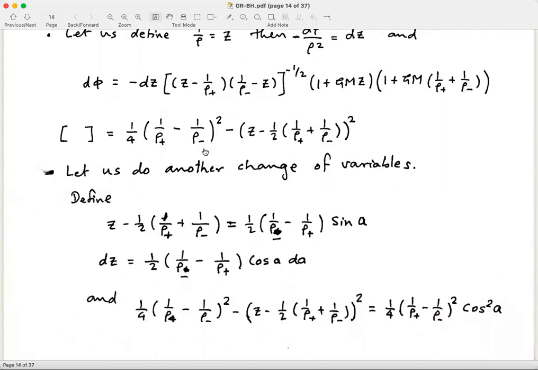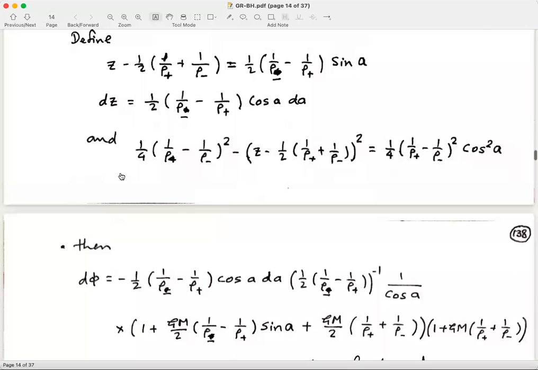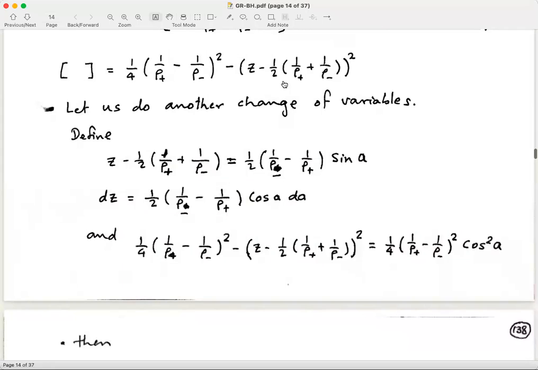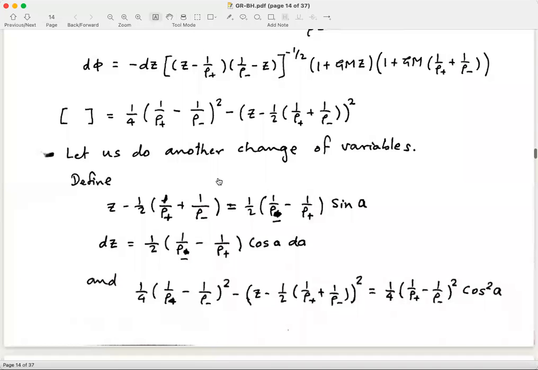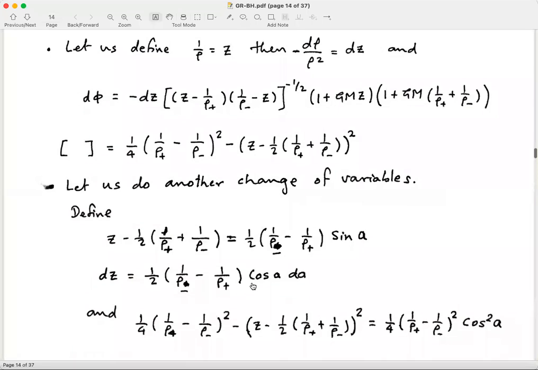dz is of course cos a times dA. Okay, but this cos is in the numerator, whereas this cos will be in the denominator because of minus half power. Okay, so life becomes simpler because, of course, there is one more sine a sitting around because of this gmz, but this entire piece, a square bracket with minus half power times dz, the cos angle would just cancel out.